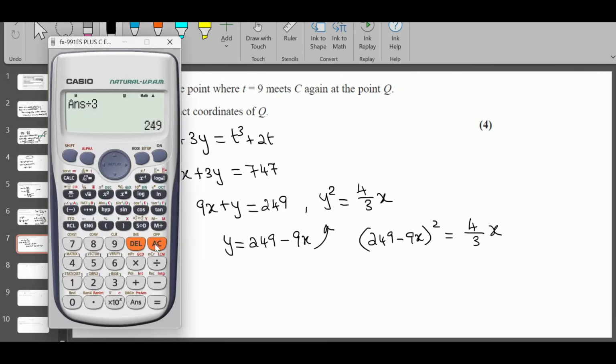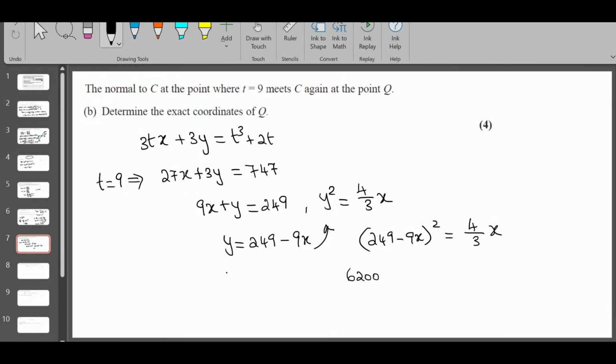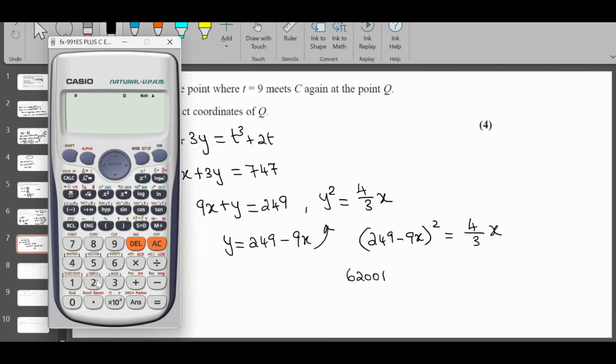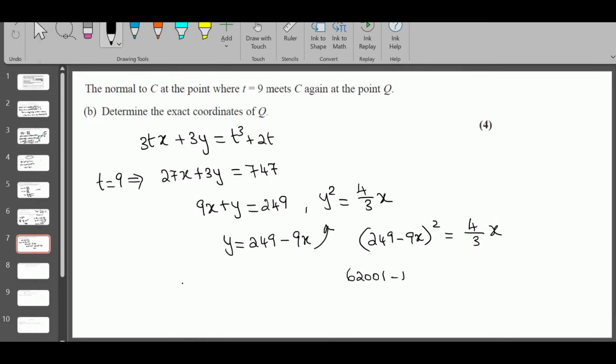Expand the bracket. A squared, which is 249 squared, 62001. 2ab, 2 times 249 times 9, 4482, minus 4482x plus b squared, 81x squared, is 4x over 3.